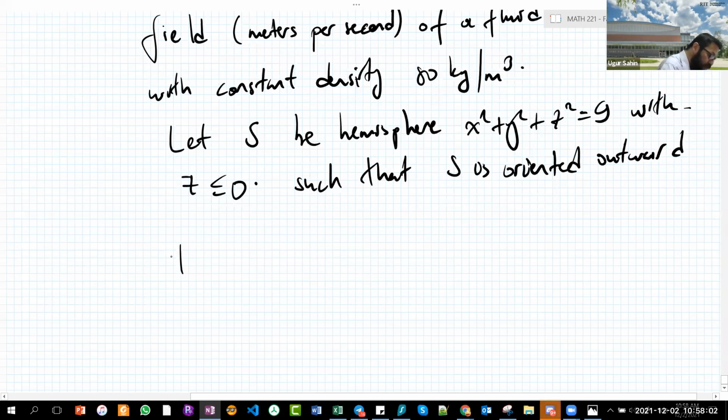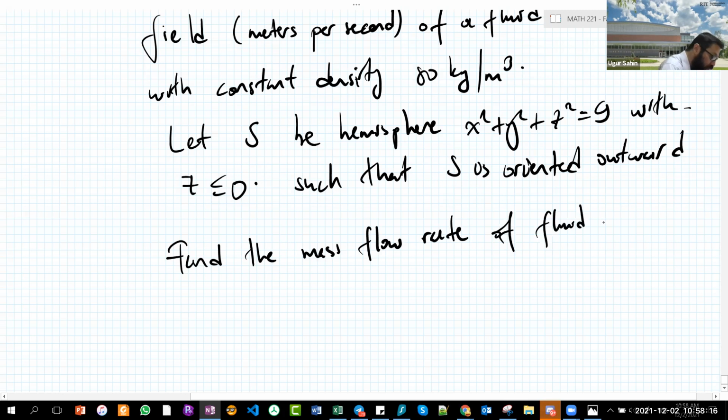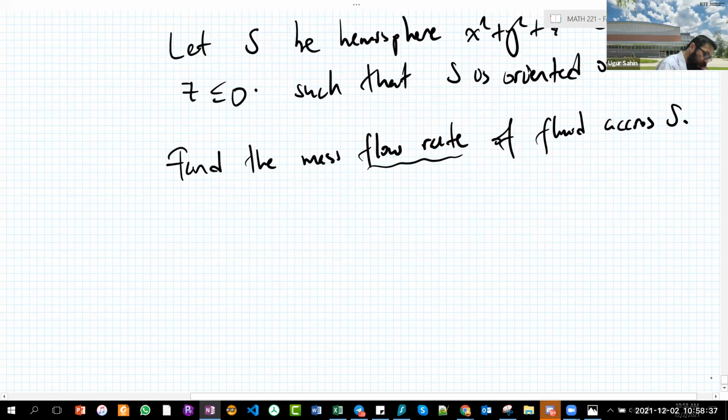Now, the question is, find the mass flow rate of the fluid across the surface. So we are wondering what is the flow rate per second of that fluid across the surface. The fluid is defined by its velocity field and also its density.